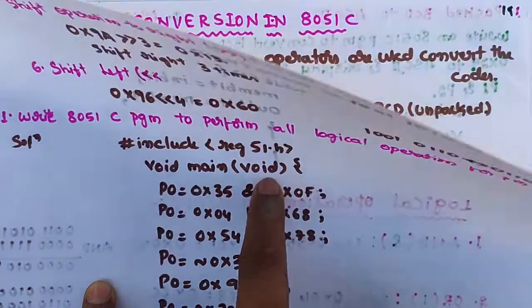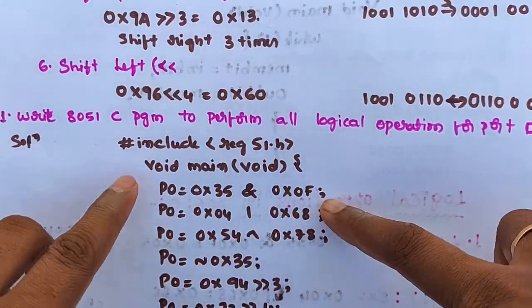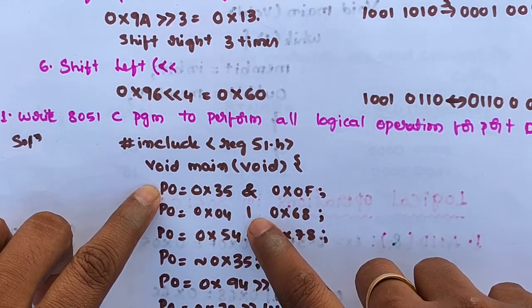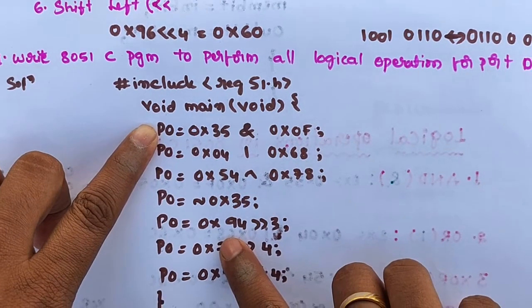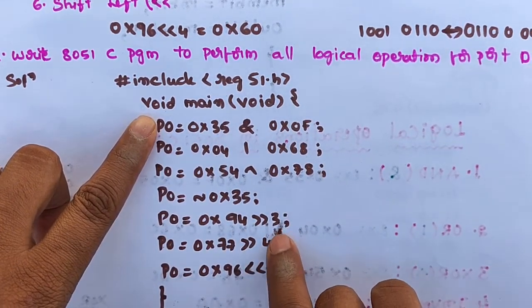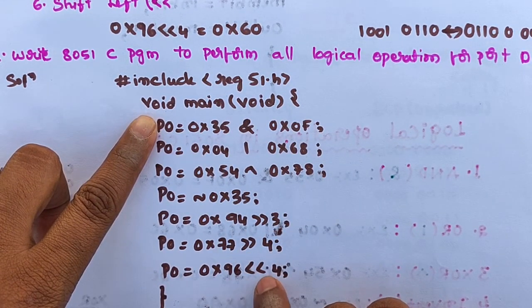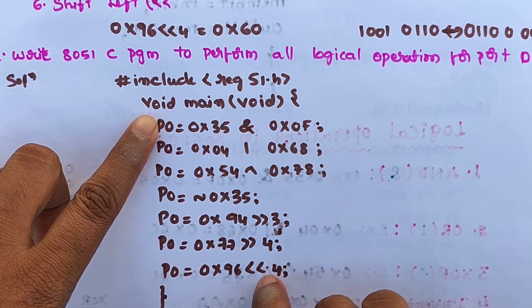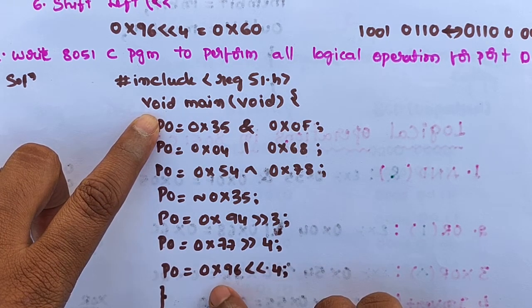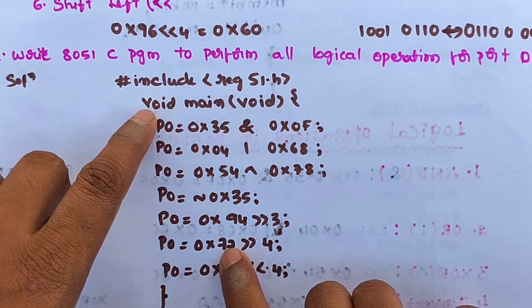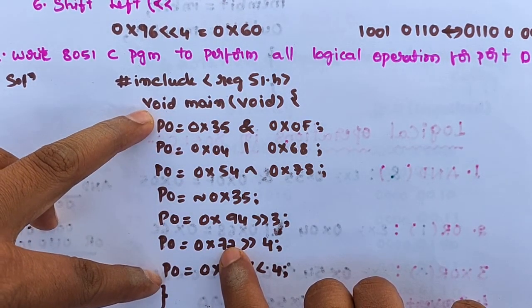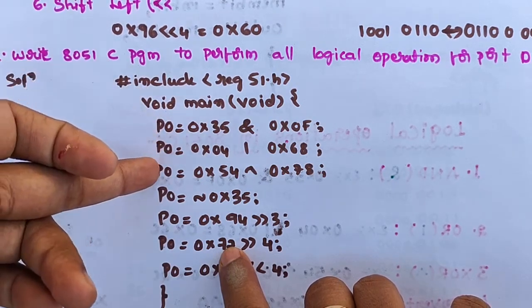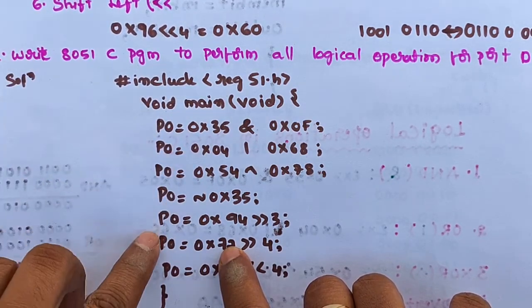We need to perform the logical operation of AND, and similarly OR, XOR and NOT operations, and the shifting operation right by 3, and left shifting operation by 4. So all the logical operations we can do for particular ports. You can replace it with port 1, port 2, port 3 or anything.